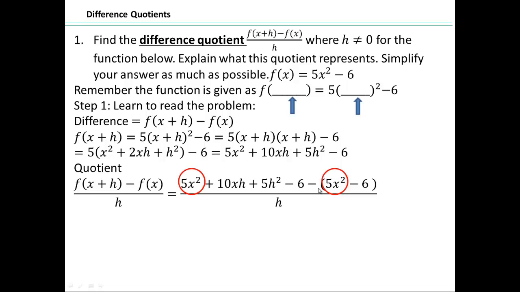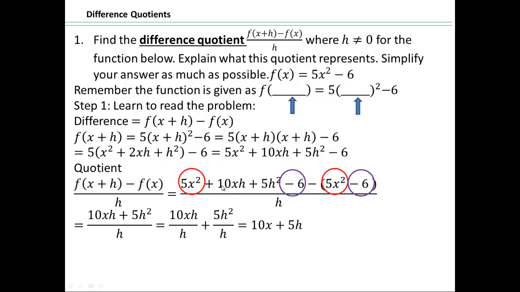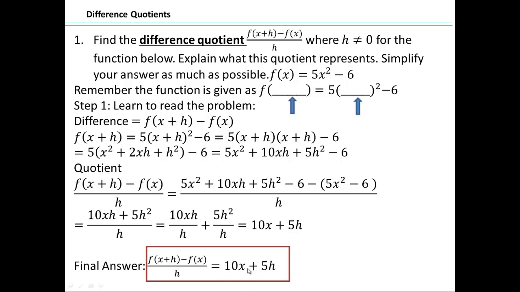So 5x squared minus 5x squared will be gone. Negative 6 minus 6 will also be gone. So you'll be left with 10xh plus 5h squared over h. This h belongs to both these terms, so do the division, and you're left with 10x plus 5h. And so your final answer for the quotient is going to be 10x plus 5h.